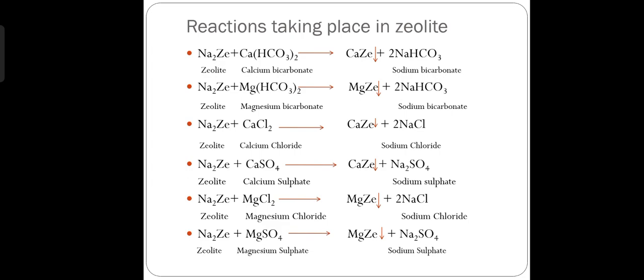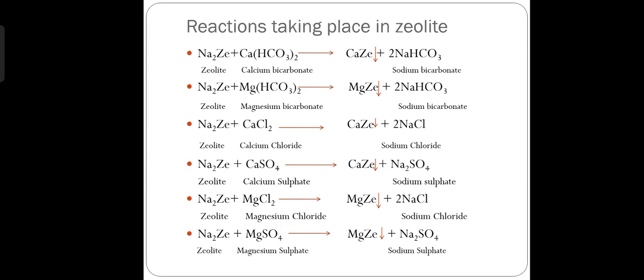MgCl2 will form magnesium zeolite precipitate, that will also be retained on the top, and the water will have sodium chloride. MgSO4, when present, will come into contact with the zeolite to form the magnesium zeolite precipitate, retained on the top, and the water will contain sodium sulfate.